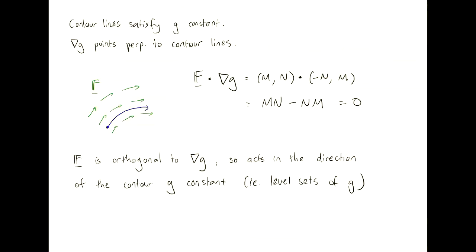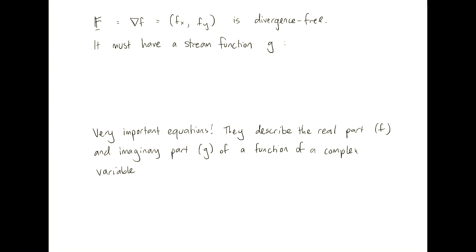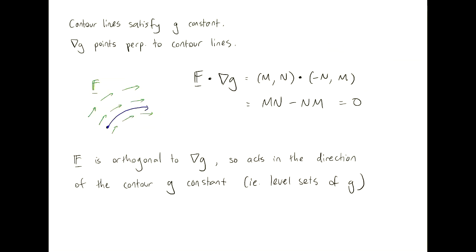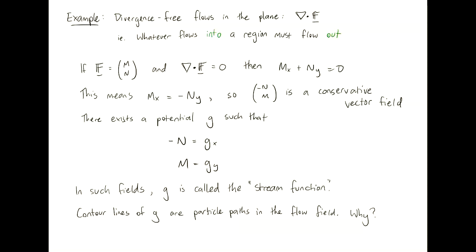And remember, f wants to act orthogonally to g. So somehow we have a g, and we have an f that gives us a field, and these things are orthogonal to each other. If we put all of this together, you'll remember our stream function was defined this way. So let's copy it onto our new page.